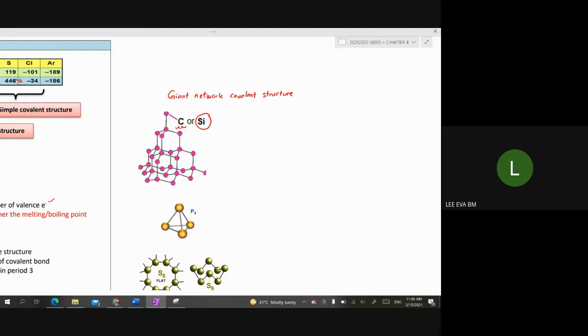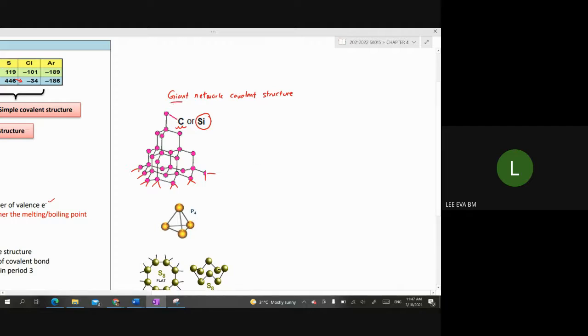When you have 4 bonds, you have the tetrahedral shape. So silicon atoms are arranged in this shape, infinitely. Maksud dia dekat bawah sini, dia boleh attach lagi, lagi 2 kaki, lagi 2 kaki, sampailah satu network yang sangat besar. The structure over here, we only show a few. But this refers to your giant network covalent structure.